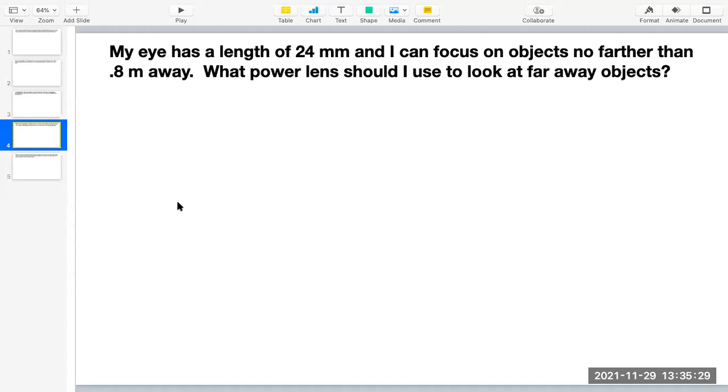And you can make the not quite right assumption that the thickness of the lens and the distance between the lens and my eye are of no consequence, which is not quite true, but go for it. If you don't know where to start, begin by finding the focal length of my eye.